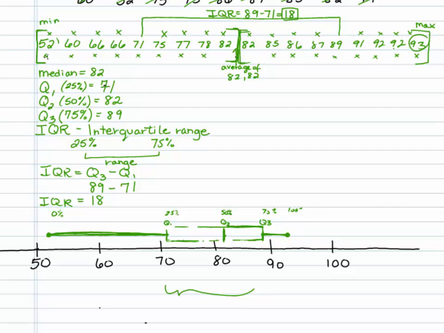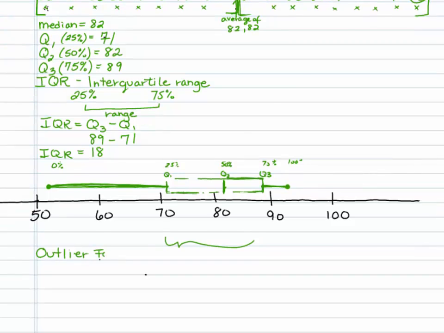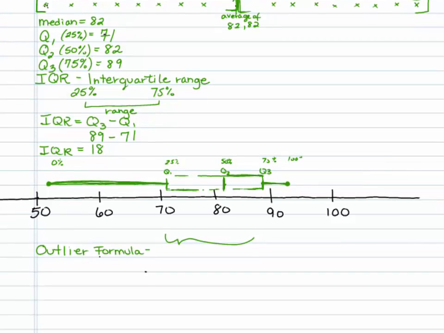So a few things that I want to recap too. There is a formula for finding out if something is an outlier, like too much of an outlier to the point where I don't actually want to draw this big whisker to it because it's way out there. And the formula is, I'll write it down, 1.5 times the interquartile range.